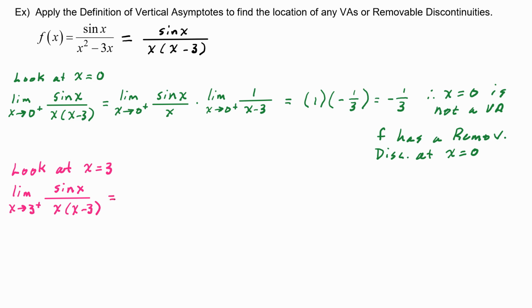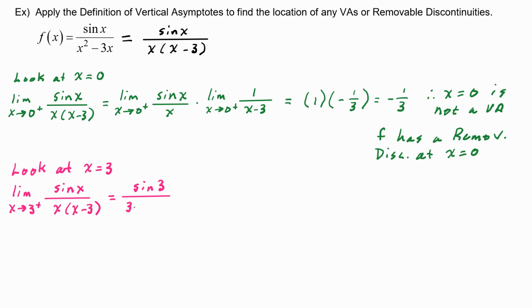Now, if we try direct substitution here, we would get the sine of 3 over 3. And remember, we don't have to concern ourselves with whether this is 3 from the right or 3 from the left here, because either way, it's just approaching a positive 3. If this were a 0, we would have to concern ourselves whether it was 0 plus or 0 minus.